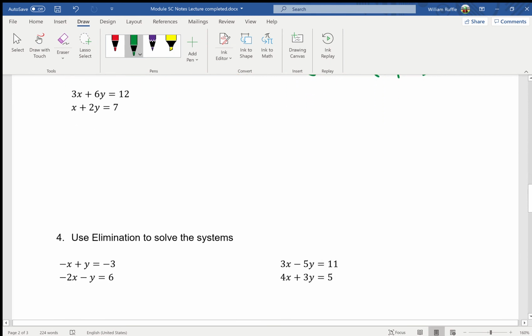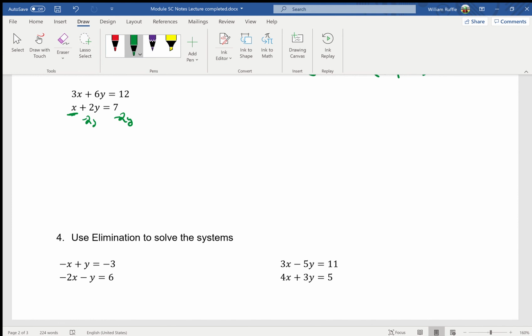Alrighty, and the last of the substitutions, we have 3x plus 6y equals 12. We have x plus 2y equals 7. Well, clearly that is my only single variable here with the coefficient of 1. So I'm going to subtract my 2y over, and that is very weird, solving for x, isn't it?